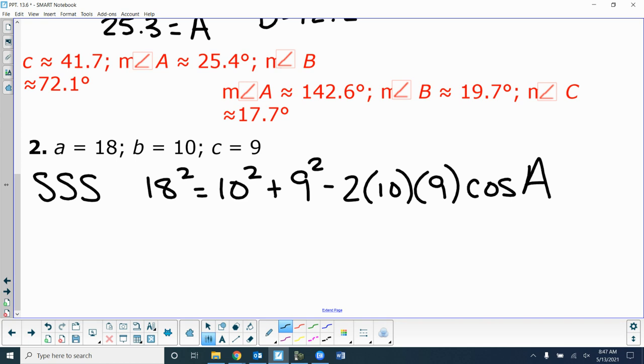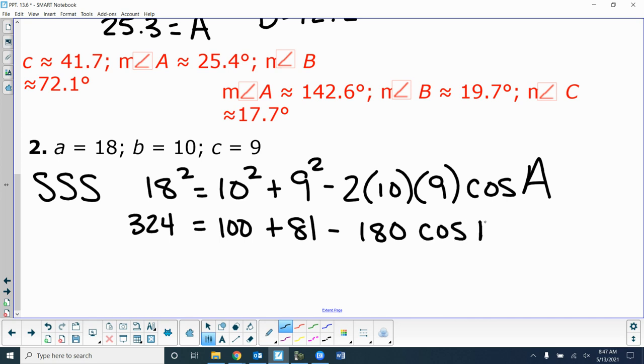Now this one we can't put all in the calculator, right? 18 squared is 324, 10 squared is 100, 9 squared is 81, and 20 times 9 is 180, cosine of A. All right, so this 181, again, you don't have to write all of this out.